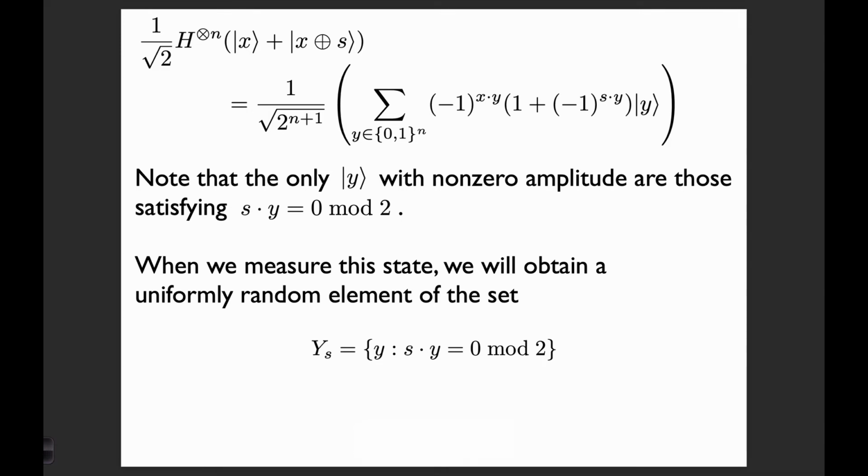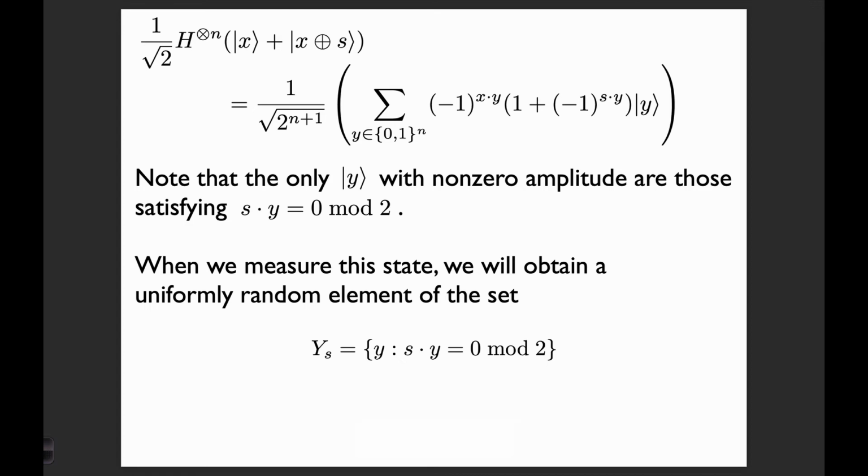Okay, so that means that when we measure this state, we're just going to get a random y with the property that s dot y equals 0 mod 2. So you see now that that's giving us some information about what s is, right? We kind of think that that's giving us about one bit of information about what s is.